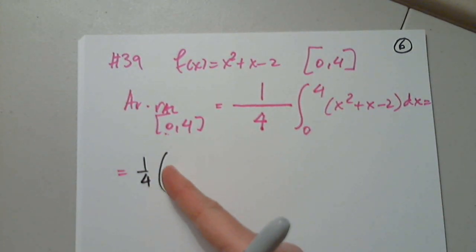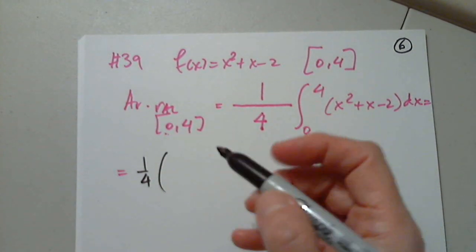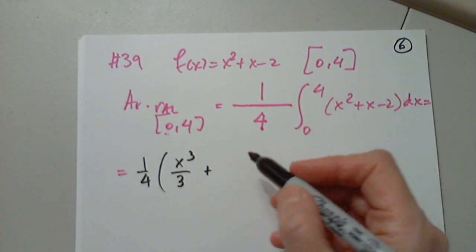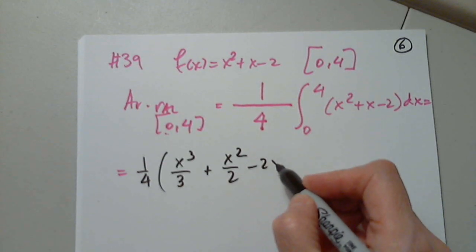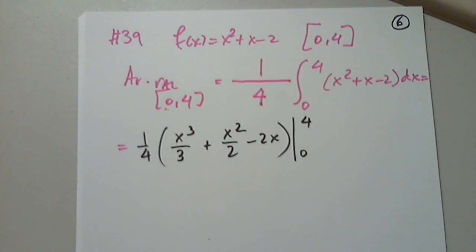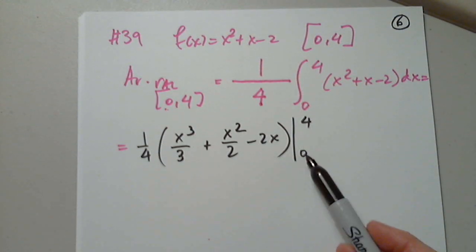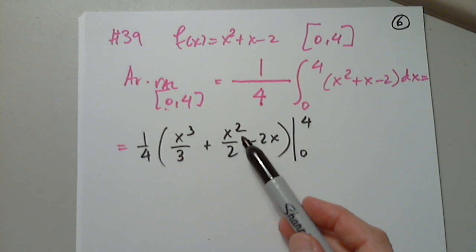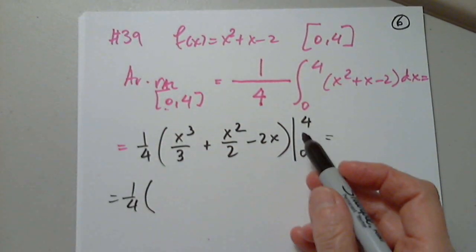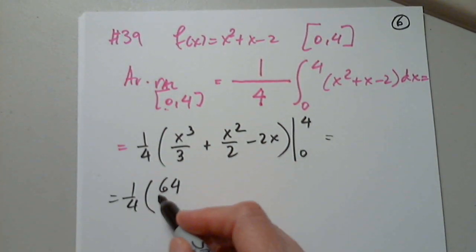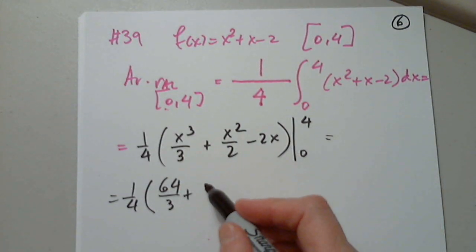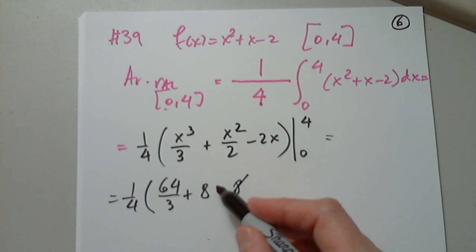Which function do I differentiate to get x squared? You already told me several times today. I'm going to just move on. So you said x cubed over 3 plus x squared over 2 minus 2x from 0 to 4. Luckily, I only need to plug in 4 because when I plug in 0, everything is 0. So 1/4, 4 to the third, 64 divided by 3, plus 4 squared, 16 divided by 2, and minus 8.